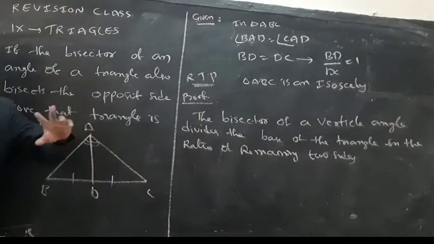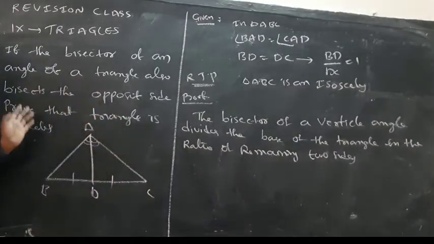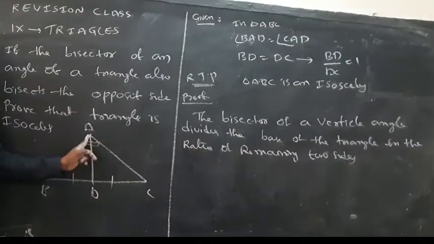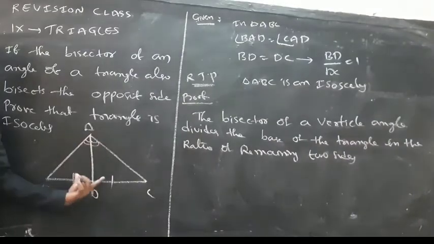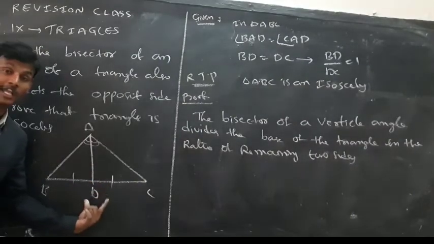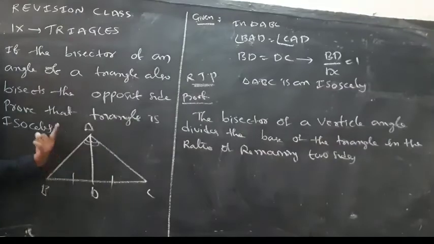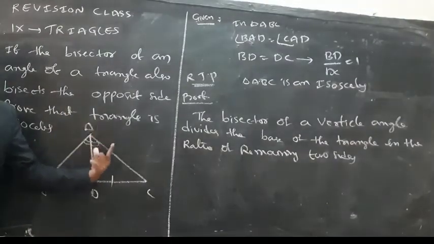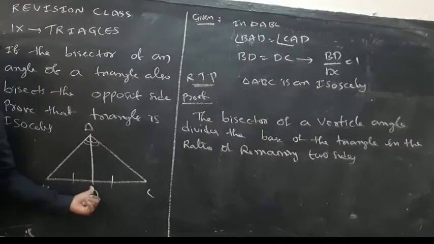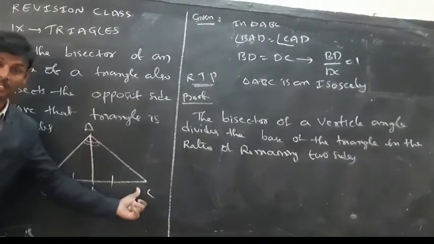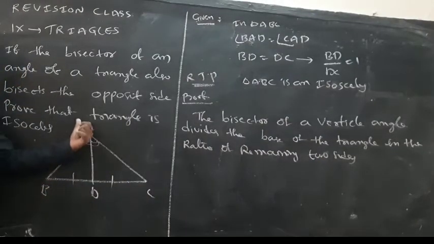I am repeating this clearly: in a triangle, the vertical angle bisector divides the base in the ratio of the remaining two sides.